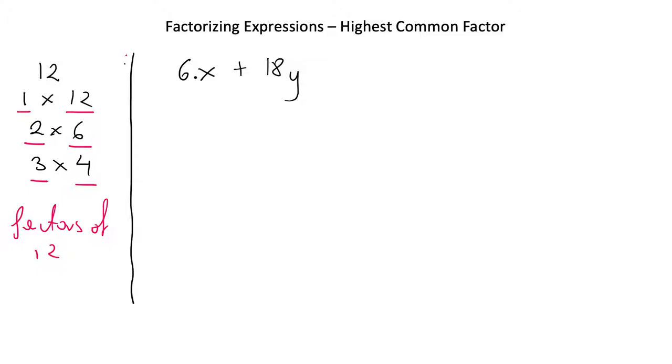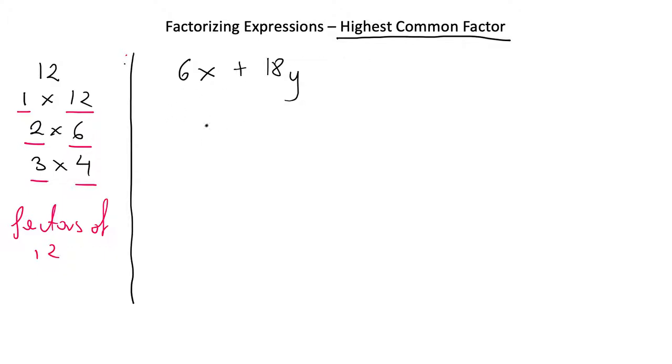One of the methods of factorizing an algebraic expression is the highest common factor method. It works in particular where we have a number of terms in an expression and those terms all have the same common factor. That highest common factor is what we're going to use in order to factorize the expression.